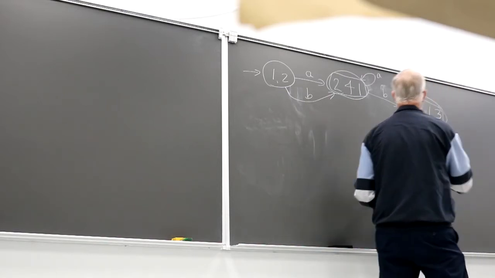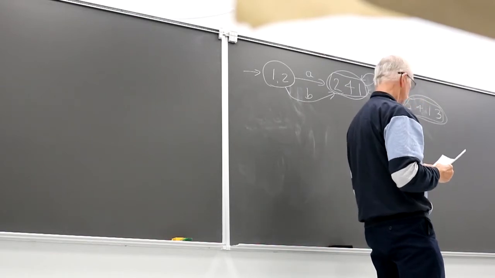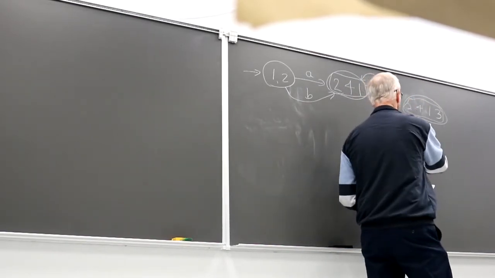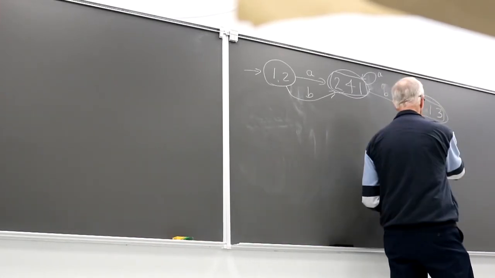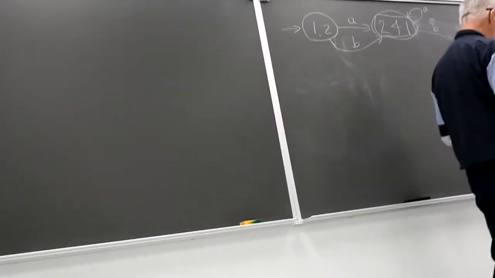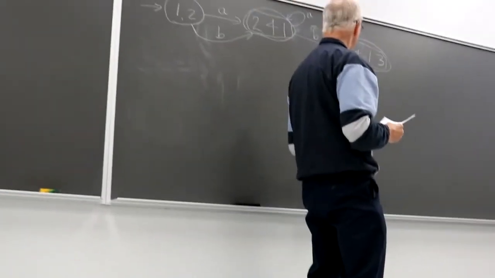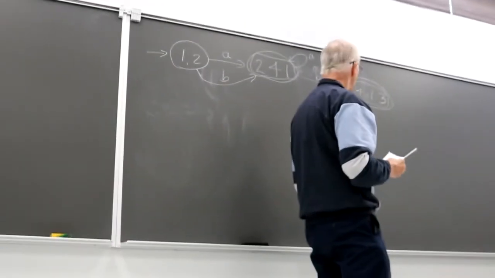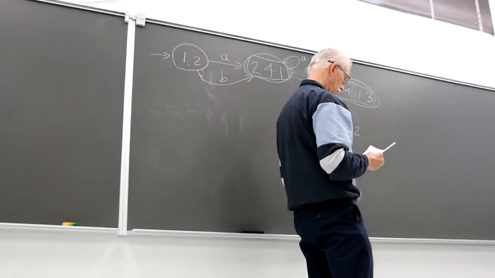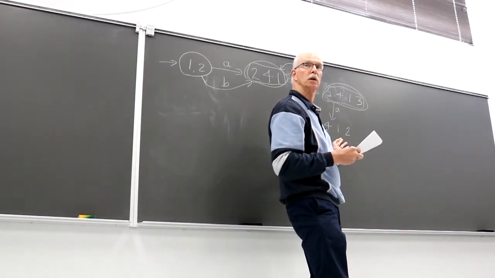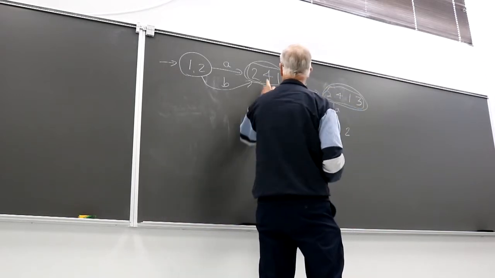So now we ask the same questions. 2 on A goes where? 2 on A goes to 4. 4 on empty goes to 1. 1 on empty goes to 2. 2 on empty doesn't go anywhere. 4 on A goes nowhere. 1 on A goes to 2. 3 on A goes to 2. And so I get this state name. Yes? 412.